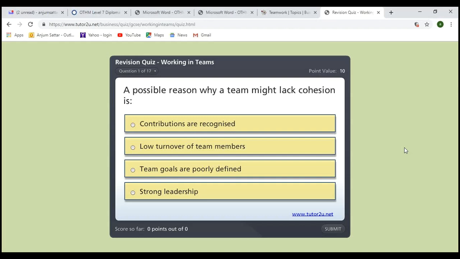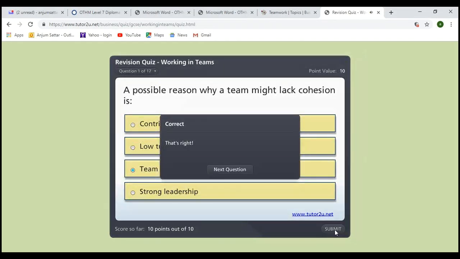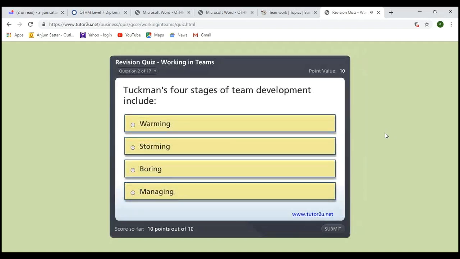A possible reason why a team might lack cohesion is? Which one do we think? Well, C. Well done, that's correct. Next, Tuckman's four-stage team development includes C, storming.